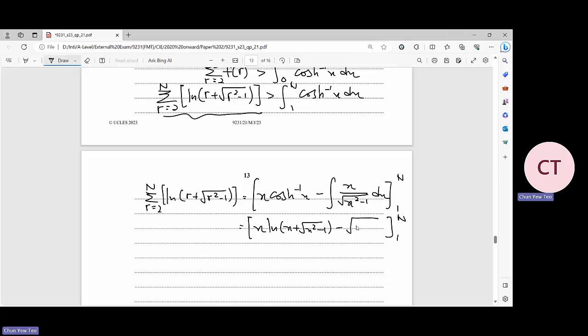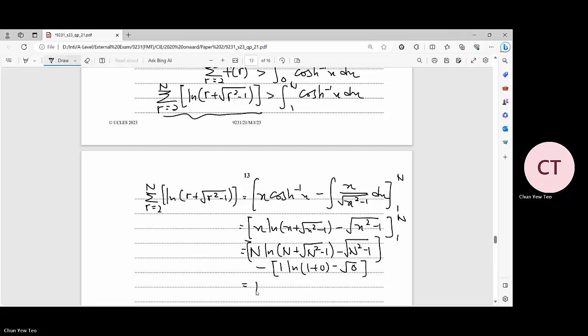Almost done. Let's put n inside: you get n ln of n plus the square root of n squared minus 1, minus the square root of n squared minus 1. That is the first part. Now substitute 1 inside: you get 1 ln 1 plus 0, minus the square root of 0. So the whole thing is 0, and what remains in the end is this form.